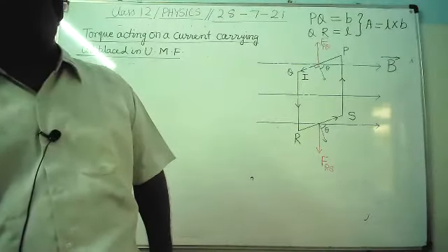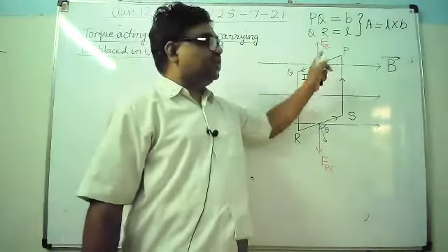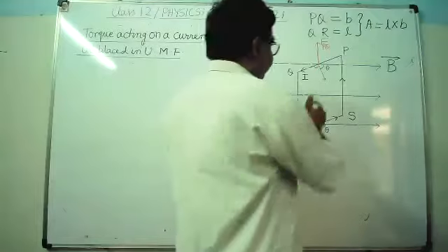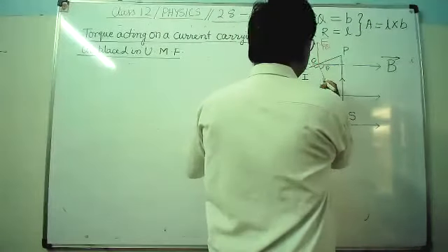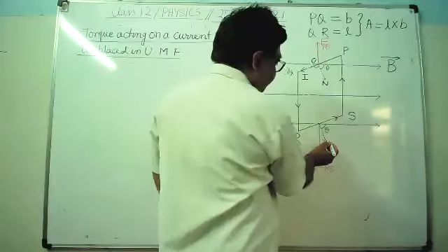Let at any instant the normal on the plane of the coil make an angle theta from the direction of the magnetic field. This is N. This is the normal, it makes an angle theta from the direction of the magnetic field.